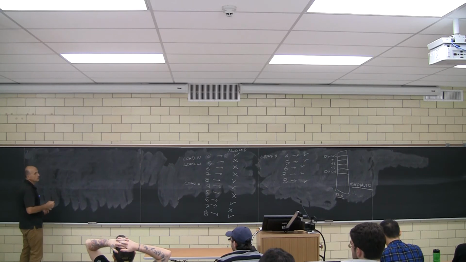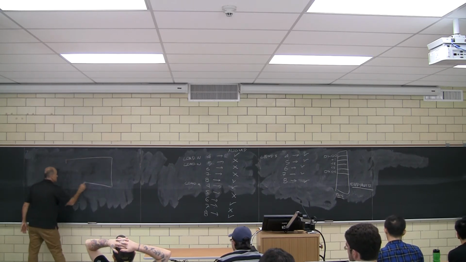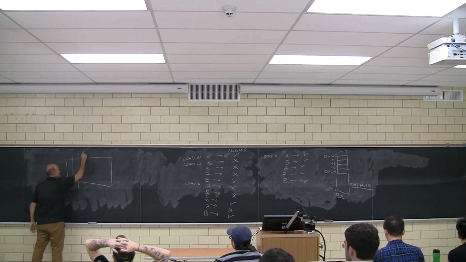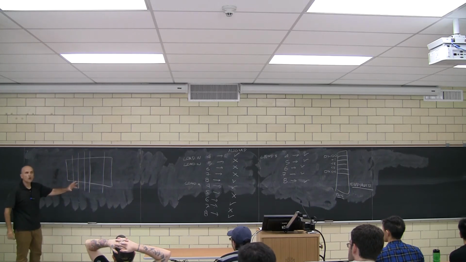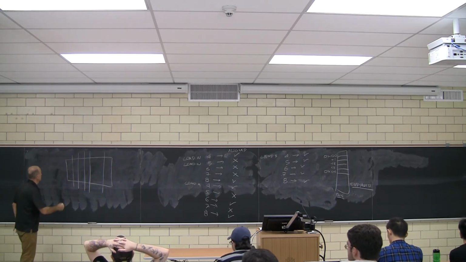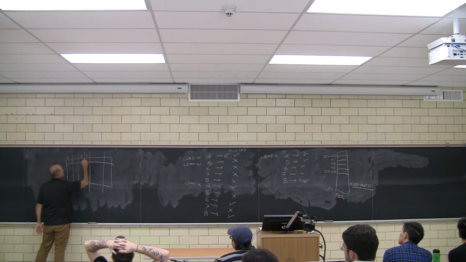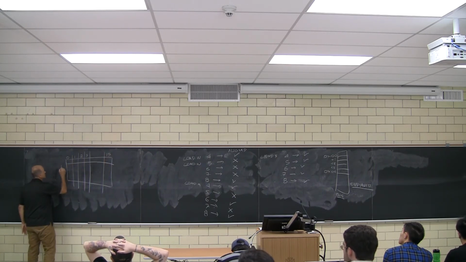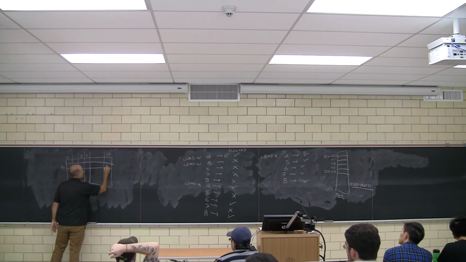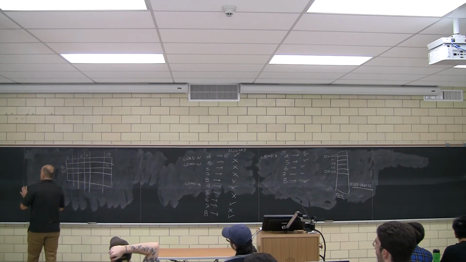When people build memories physically, they tend to be organized like that, the way we drew them before. Depending on the technology, they can have very long rows. So address 0 is here, address 1 is here, address 2 is here, address 3 is here. Let's pretend this is a system that has 16 bytes per row, just for illustration purposes. This is going to be address 16, this is address 31, this is address 32.